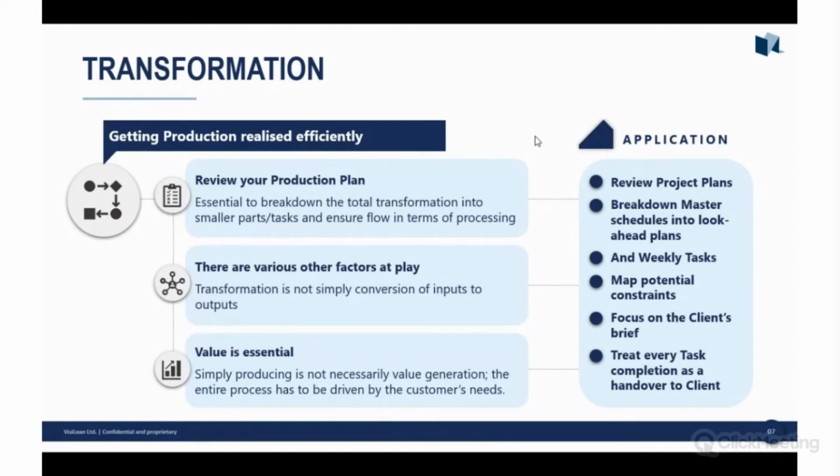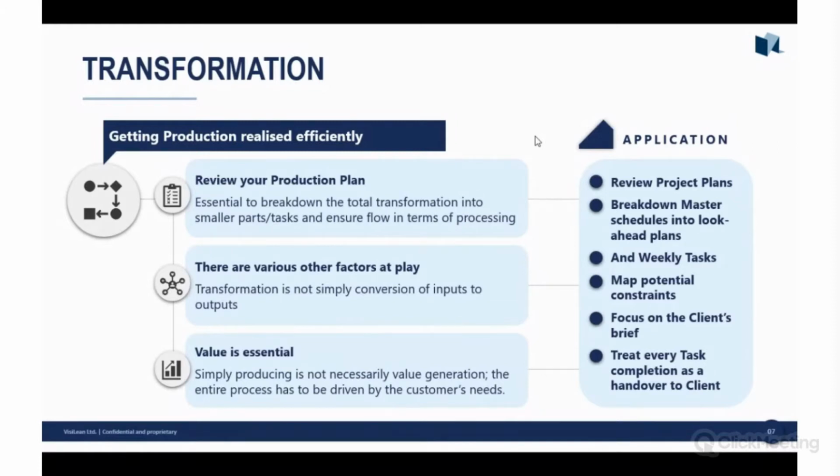There are loads of aspects to consider when understanding the transformation from materials to product. And then value. Value comes across in most aspects of lean production, but understanding the customer's needs really needs to be generated when you're doing anything on a project, really understanding what the customer holds in value.